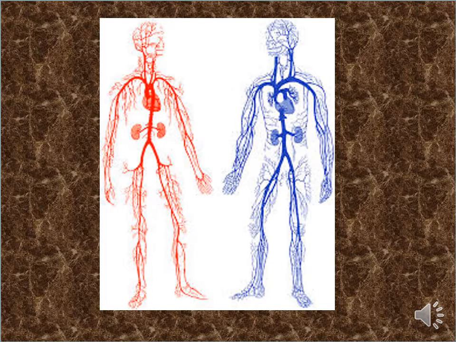The second part is the vessels. We have three sets of vessels. The first one is called the artery that carries the oxygenated blood, and the color is red. The second one is the vein that carries deoxygenated blood, and its color is blue. The other set is capillaries that connect the artery to the vein.